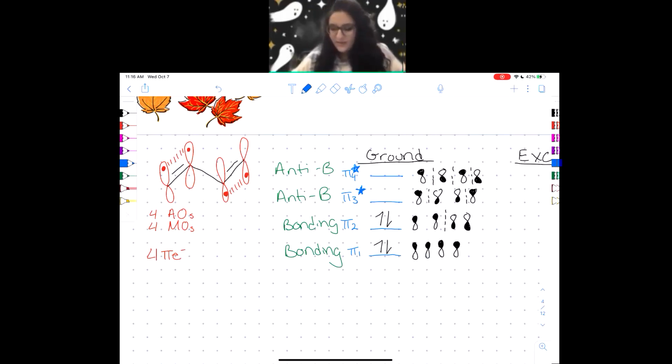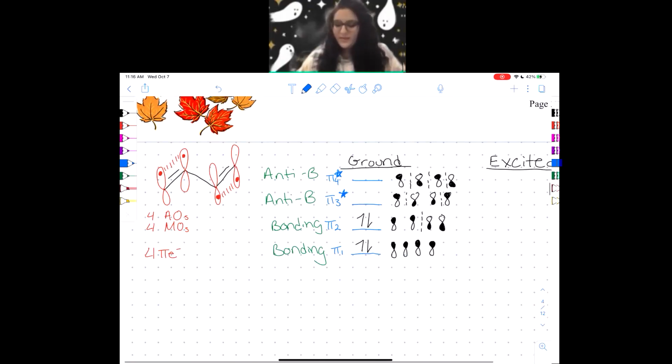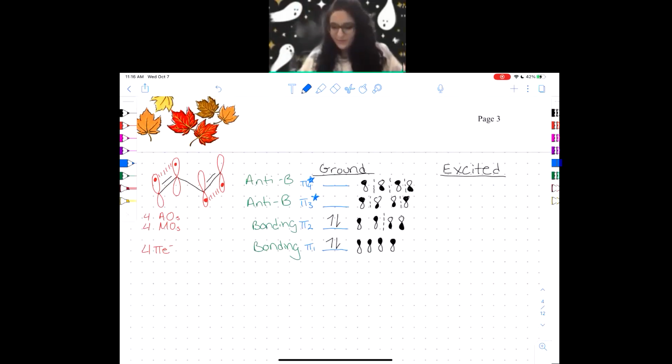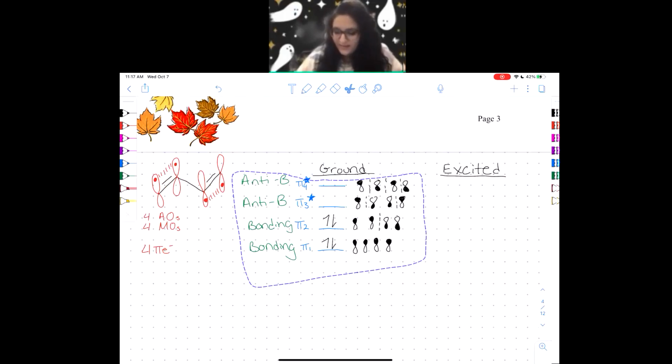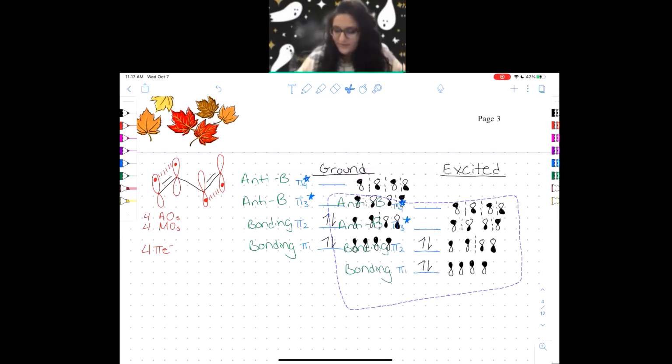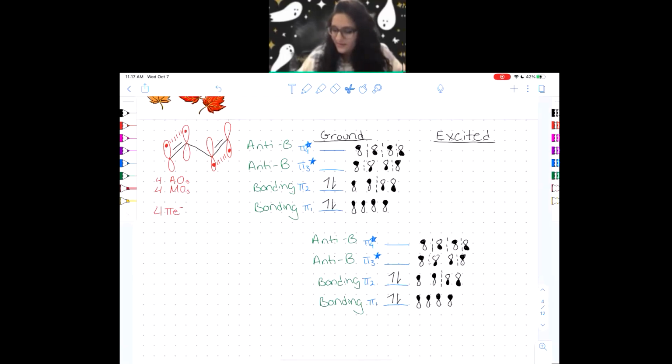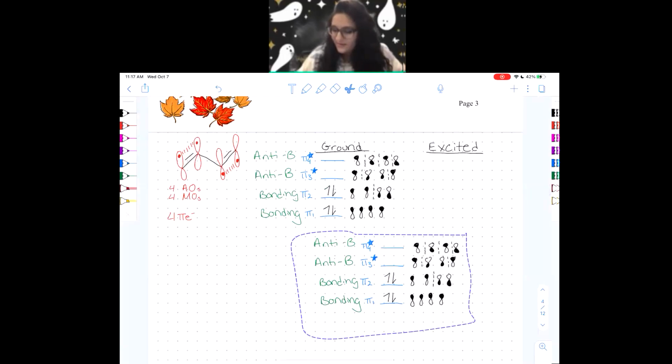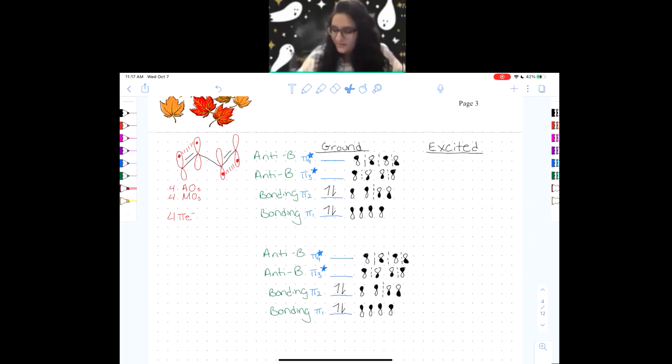And so now we're going to compare the ground state, which is what we just drew, to the excited state. The excited state is just when we put enough energy into this molecule that one of the electrons jumps up an energy level. Since I'm not on a whiteboard, I don't have to redraw all of this. I'm just going to move it here.